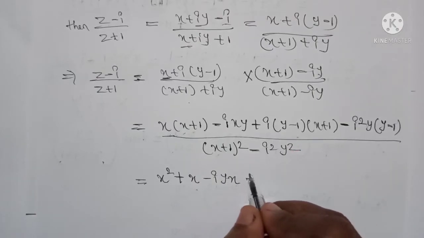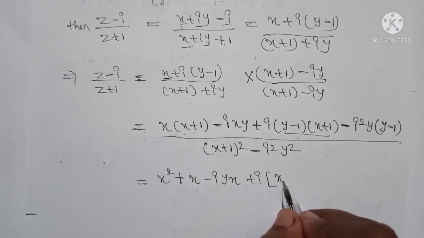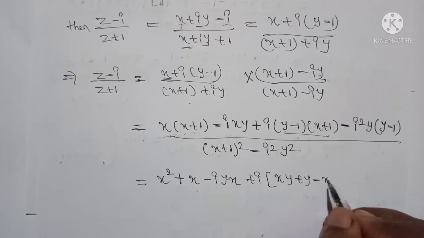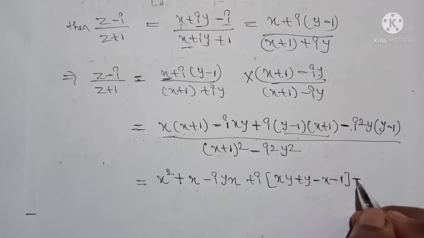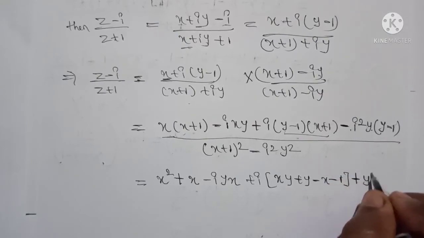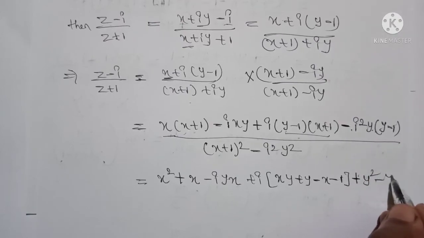So first we simplify this bracket: xy plus y minus x minus 1, and substitute the value of i squared.